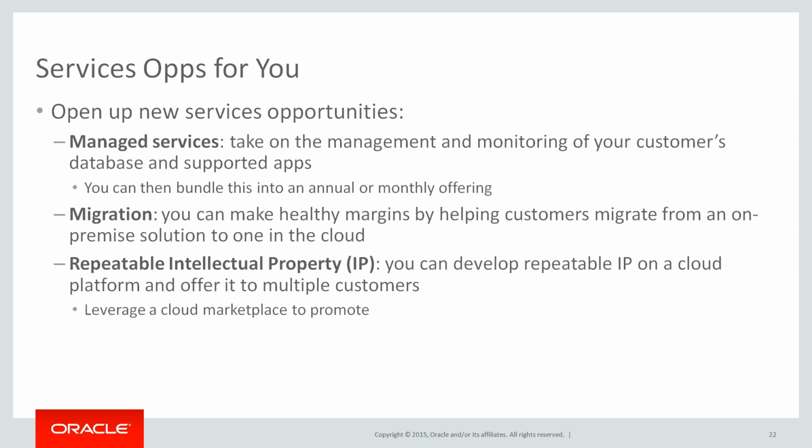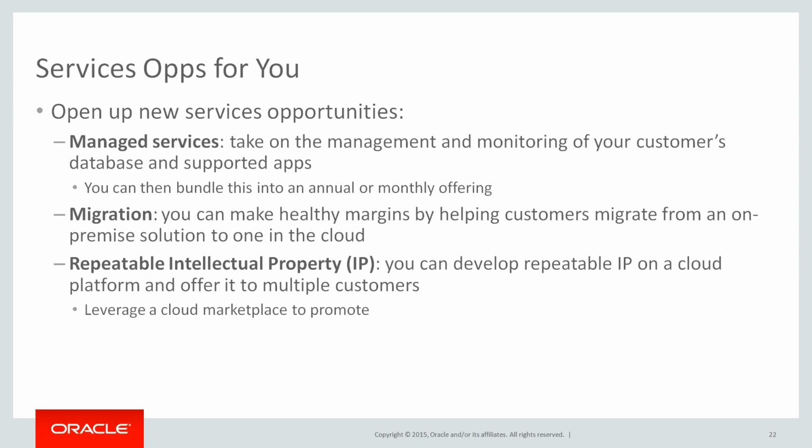And then another great way to increase margin, or make more money basically, is to develop repeatable intellectual property, or IP. This can include extensions, components, integration tools, whatever. And a lot of times you guys can develop these on a cloud platform. I'm not biased or anything, but we have the Oracle Cloud Platform at Oracle, but obviously there's tons of other vendors out there.